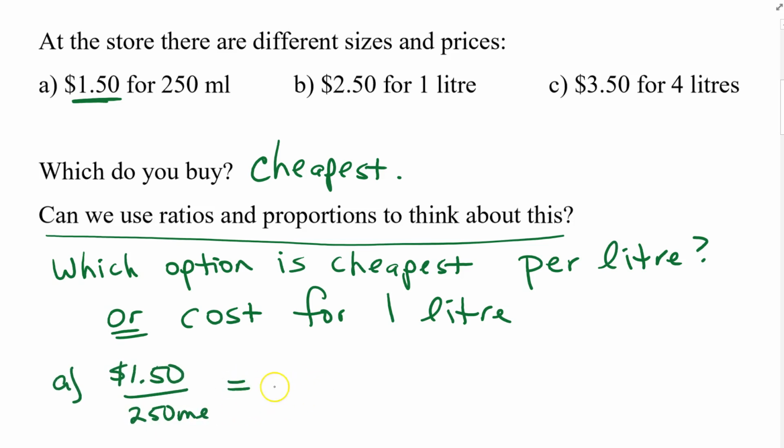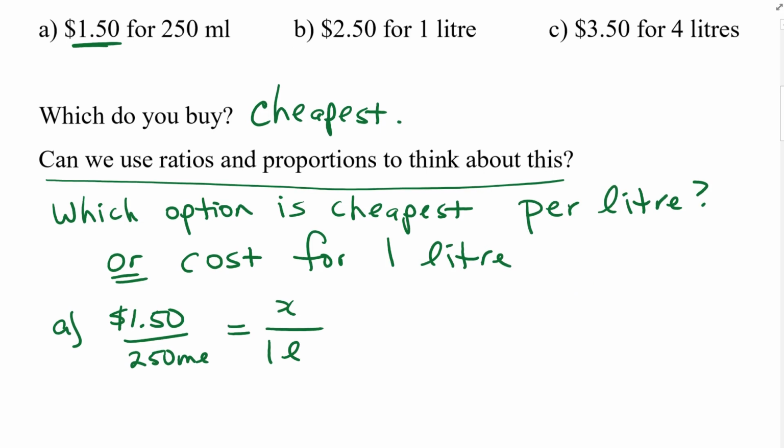How much would that be if I make an equivalent ratio for 1 liter? First of all, we have a bit of a problem because we have to convert from 250 milliliters to 1 liter. But since it's an easy question in this case, let's just say I know that 1 liter is equal to 1,000 milliliters.